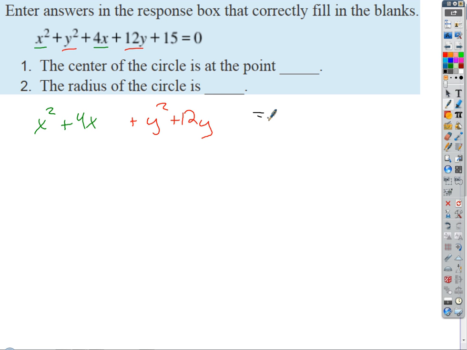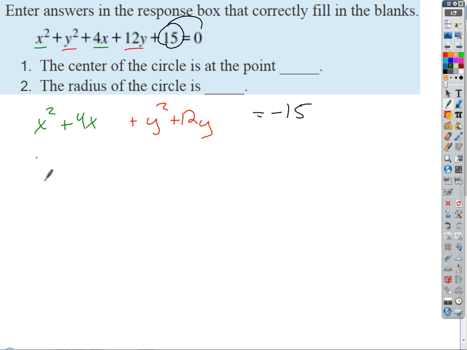I want to get everything else on the other side. So what do I have to do with this term? Yeah, so I'm just going to get negative 15, right? And then all I've got to do is complete the square twice and figure out what number I end up with on the other side, because that's going to be my r squared, right?